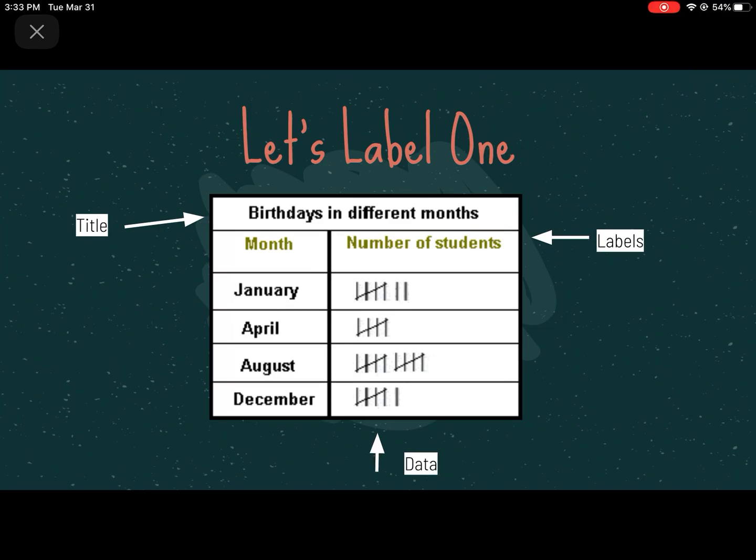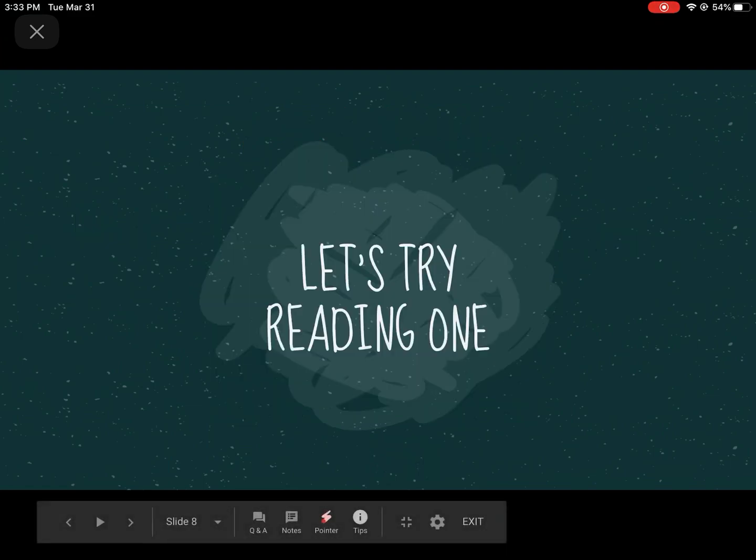So frequency means how often or how many. If we look at this chart, we can tell that there were 7 students that had birthdays in January, and there were 4 students that had birthdays in April. So we were looking at the frequency, or how many or how often we had birthdays in these particular months.